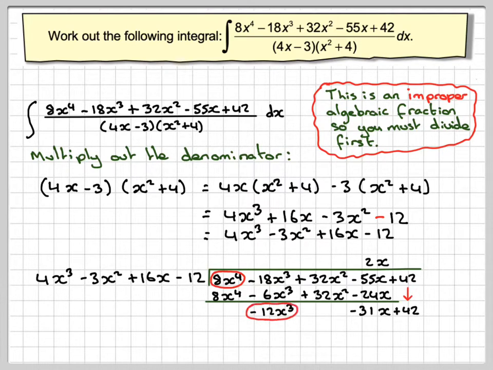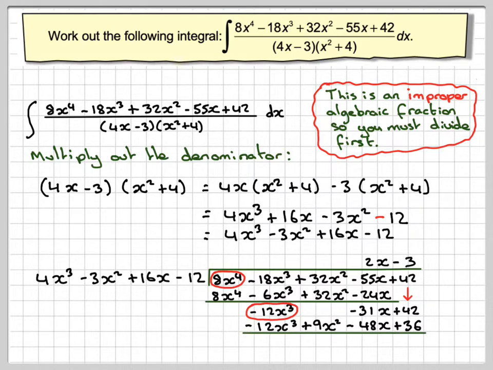Now the next thing you're going to divide is the minus 12x cubed by 4x cubed, which gives you minus 3. And then multiply out, so you're going to get minus 12x cubed plus 9x squared minus 48x, and then plus 36.